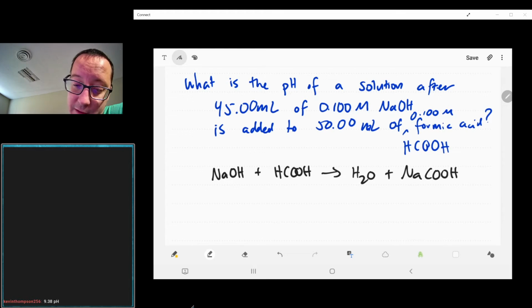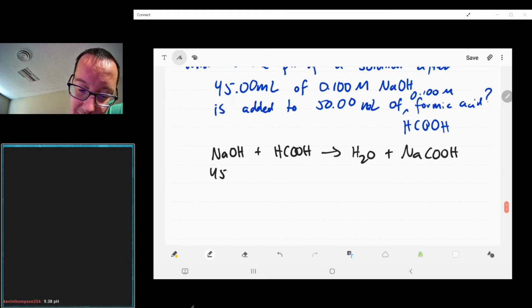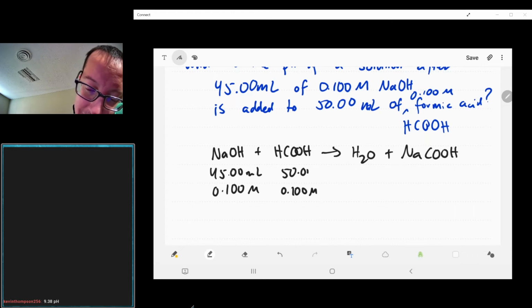We know that we are starting with 45 mL. We have 0.1 molar here and 50 mL. We know we're going to use up all of our sodium hydroxide. We can tell right away that's limiting, right? We have obviously less than that.